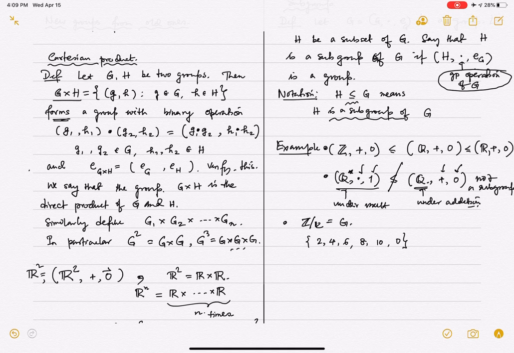This is a subgroup, because if you just look at this subset, you can check that it forms a group in its own right when the identity is still there, and then you can just operate on them and you'll stay in this even number set. And the inverse of each of them is also in this, so this itself forms a group. So the group laws are satisfied, of course, because the group laws are satisfied in G already.